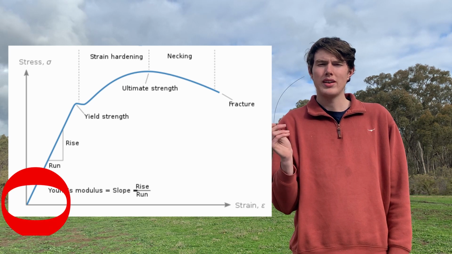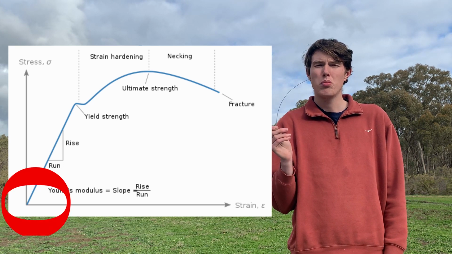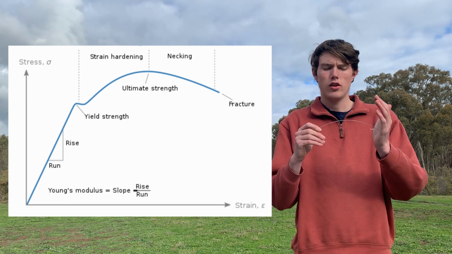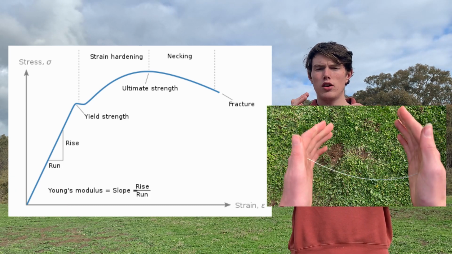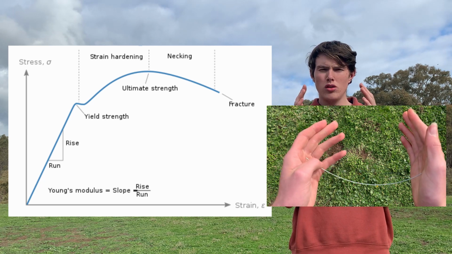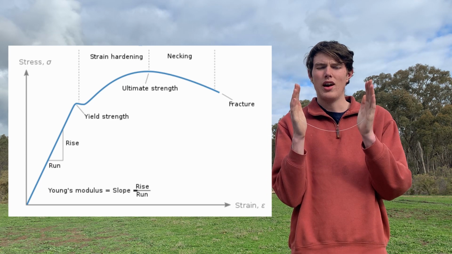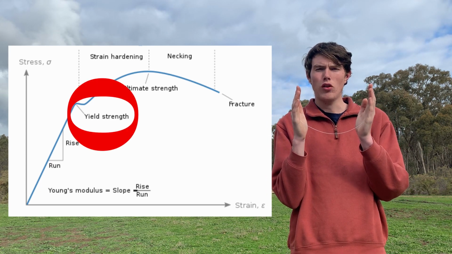So at the starting point at the base of the graph, we have the point where no stress or force is being applied, which is this point here, where the object could slide out of my hands as I'm not applying any forces. The next point we have is the yield strength.